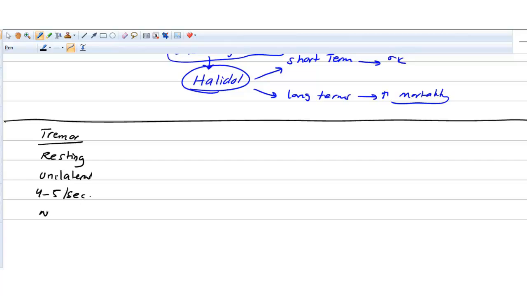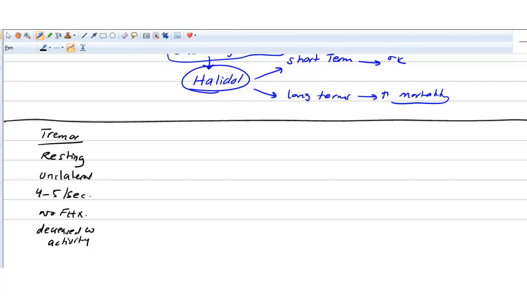No family history of this tremor. And the patient is old age, though age is not important. And then the tremor is decreased, or improved, with movement. So it improves with activity.